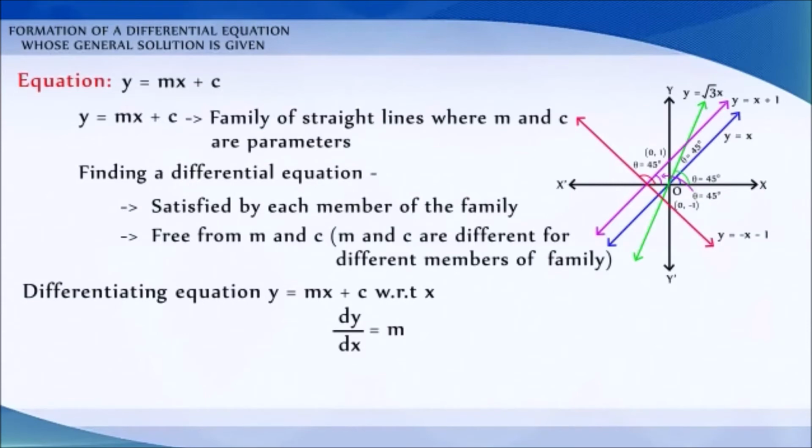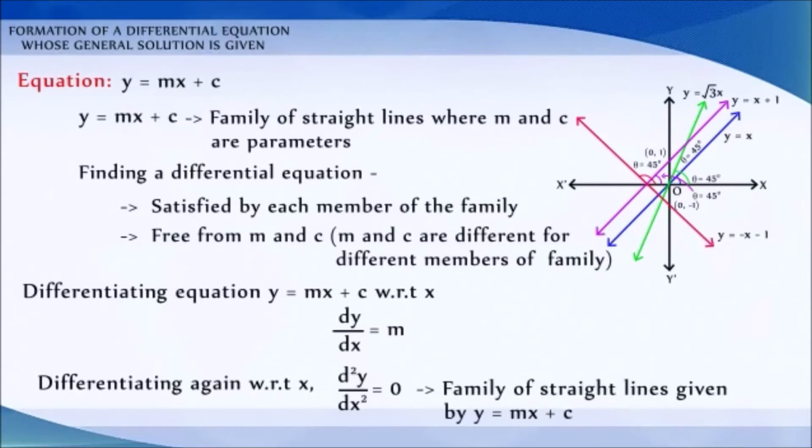This differential equation again contains a parameter m. Therefore, differentiating this differential equation again with respect to x, we get d²y/dx² = 0, which is free from the parameters m and c. Therefore, the equation d²y/dx² = 0 represents the family of straight lines given by the equation y = mx + c.